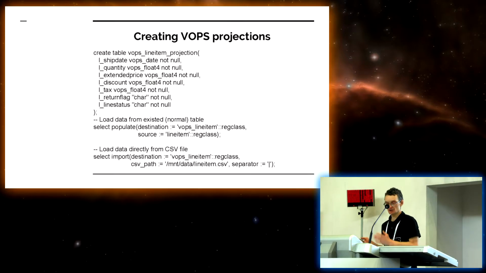That is when we store one and the same table in several ways that are optimal for these or those queries, depending on what columns we are going to sort or group data on. And the same can be done in VOPS.